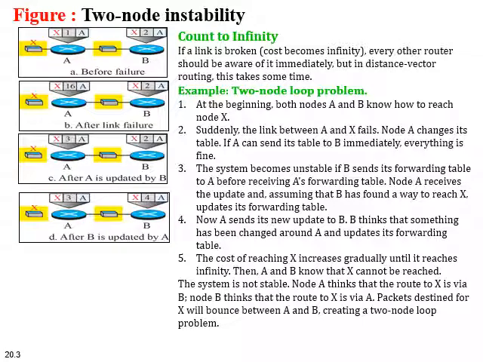So B updates its table: I can reach X via A with a cost of 4, because A has sent a cost of 3 and the distance between me and A is 1. So it updates B's table as: I can reach X with a cost of 4, instead of 2 earlier.